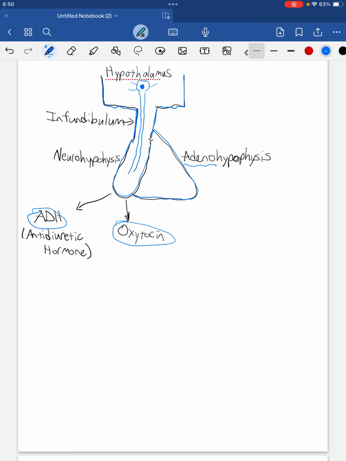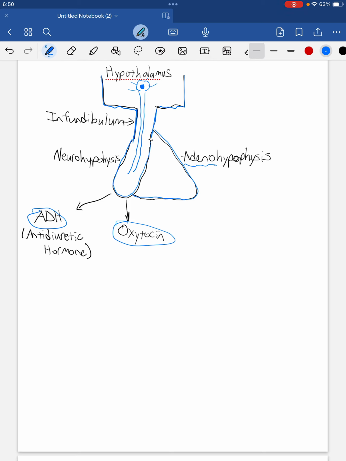We want to contain as much of that water as we possibly can, because that can be dangerous to our red blood cells. So ADH comes in and allows water to be reabsorbed in the body, in the kidneys. So the kidneys allow water to be reabsorbed.